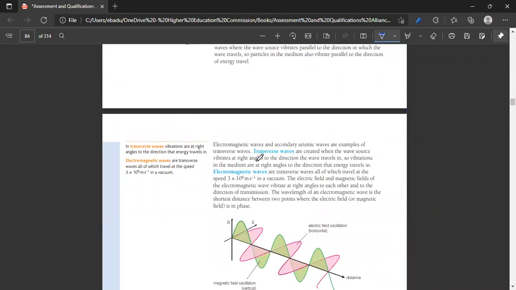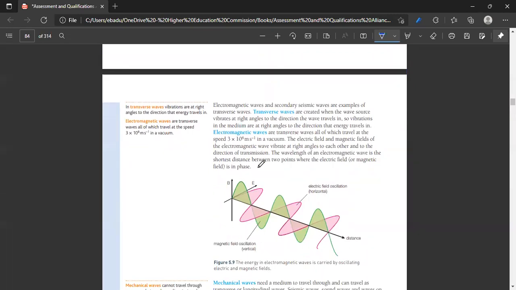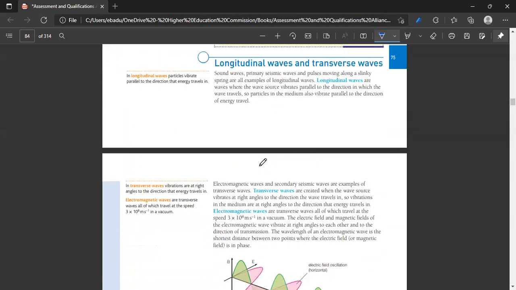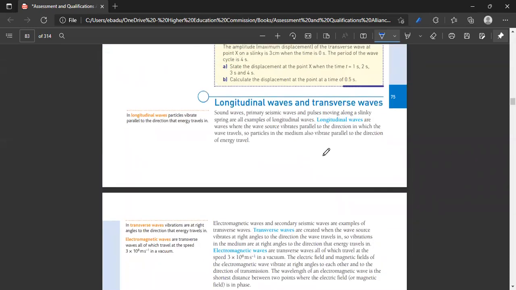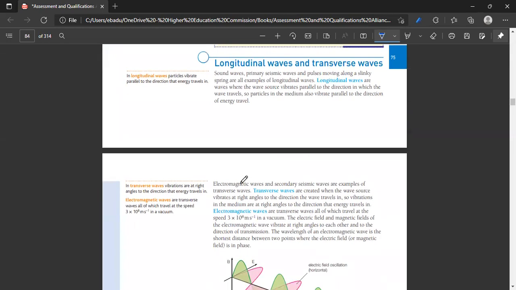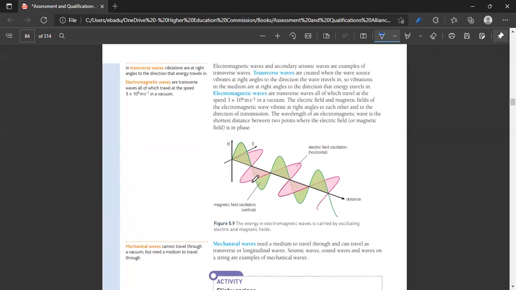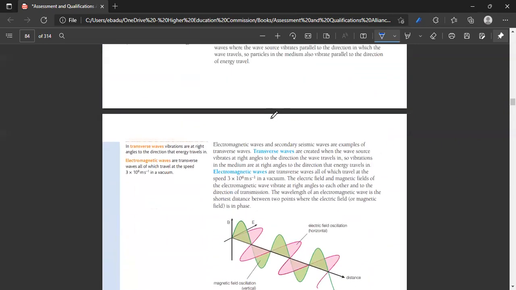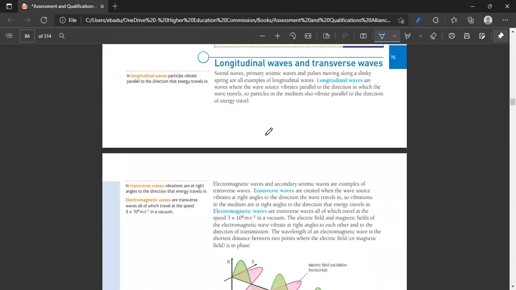In the textbook, waves are defined as longitudinal waves and transverse waves, and there are types of these waves which you will learn about better in the textbook. Just to give you a summary, we have discussed what longitudinal waves are and what transverse waves are.